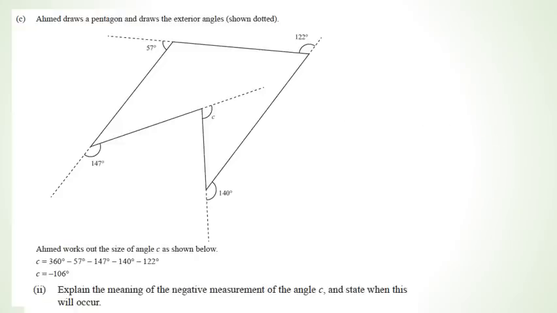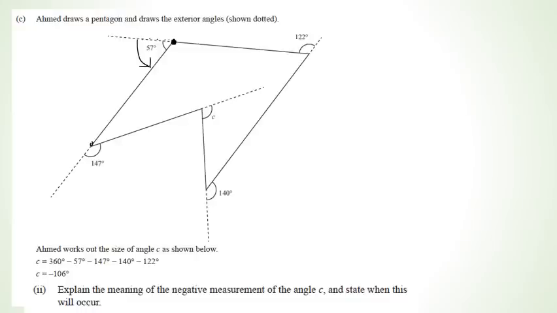All right, so this part of the question is asking you, why is C negative 106? I guess you kind of have to look at how you're going about it. So I'm going to start here, and I'm trying to work out my exterior angle. In this, I'm going anti-clockwise.